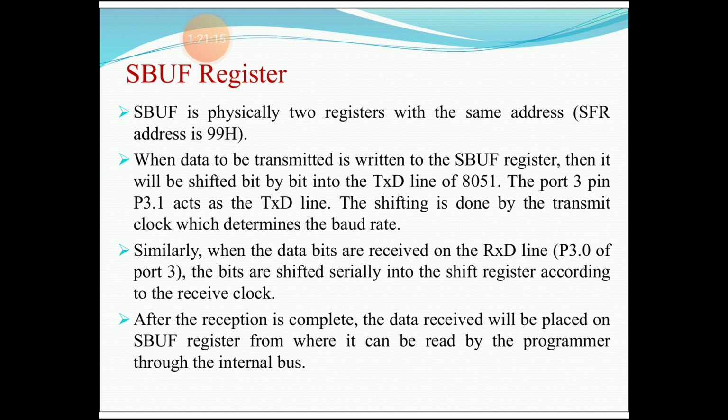Here the serial buffer register is basically two registers with the same address, that is 99H. When the data to be transmitted is written to the serial buffer register, it will be shifted bit by bit into the TXD line of the microcontroller, that is P3.1 acts as the TXD line, and the shifting is done by the transmit clock, which determines the baud rate.